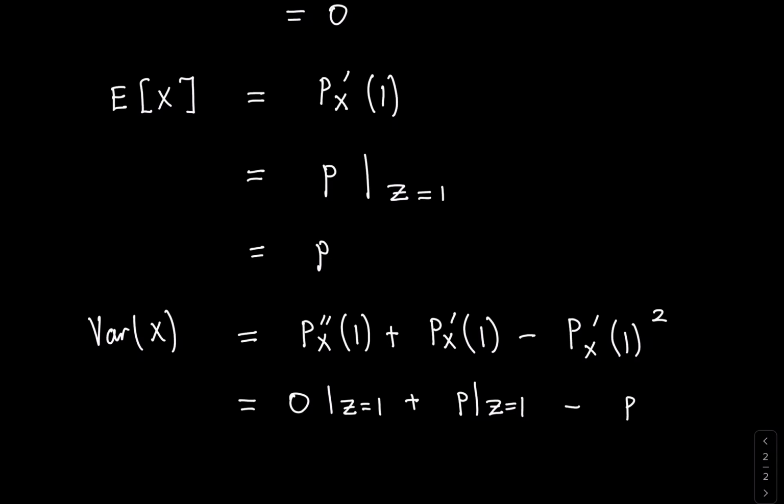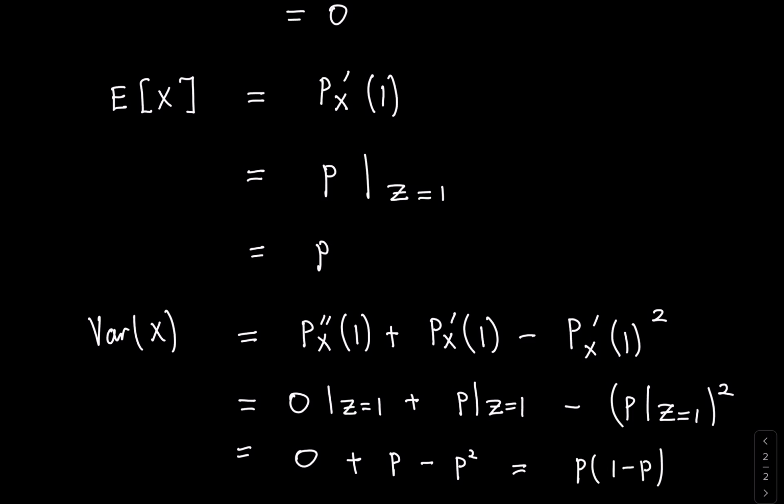And I'm going to write p evaluated at z equals 1 all squared, just for consistency's sake, even though we know that that's just going to simplify to p. So this becomes 0 plus p minus p squared, and this nicely simplifies down to p(1 minus p).